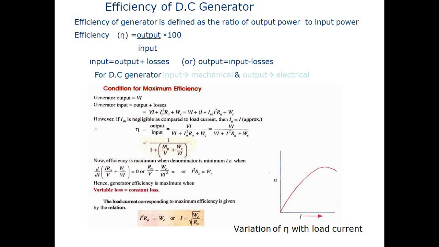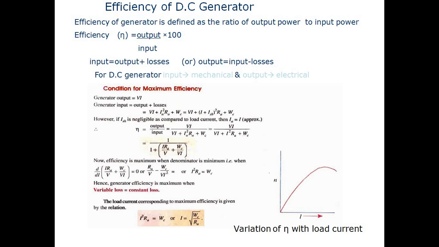Now efficiency is maximum when the denominator is minimum, that is when d by dI of (I Ra divided by V plus Wc divided by V I) is equal to 0. Then Ra divided by V is equal to Wc divided by V I squared, or I squared into Ra is equal to Wc.